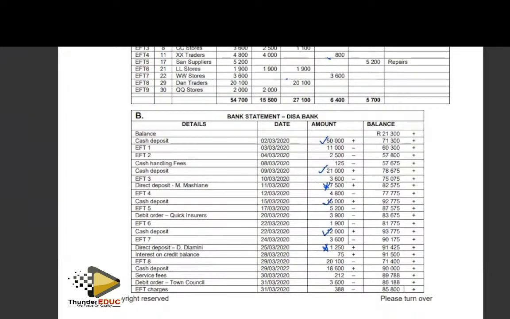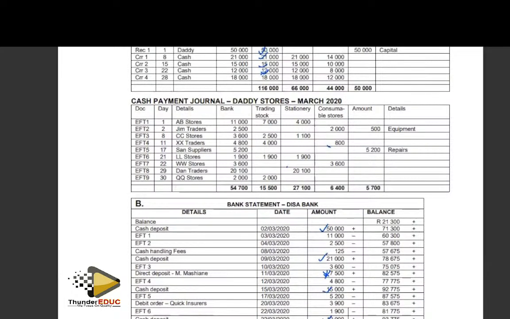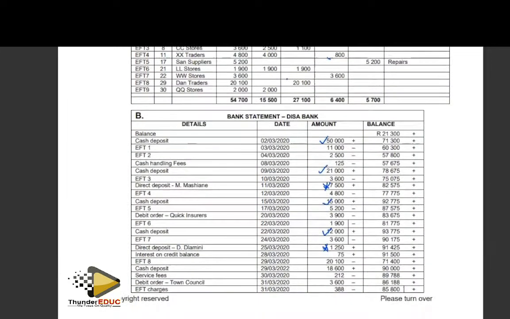Okay. Then there is 18,600. Let's check it in our cash payments journal. So the cash receipts journal, 18,600. It's not there, which means there is also 75 here. Before we go there, 75, we don't have it.